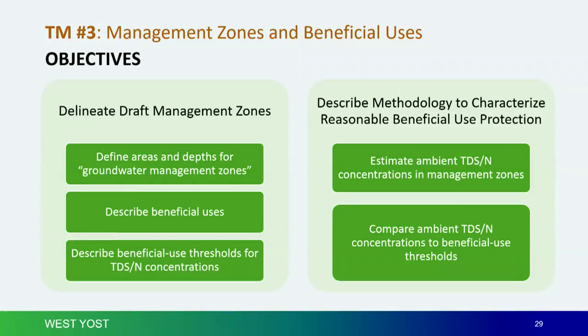And then we can compare that ambient water quality estimate to the beneficial use threshold to at least have some sense initially of, is the beneficial use protected in this management zone or is it not?